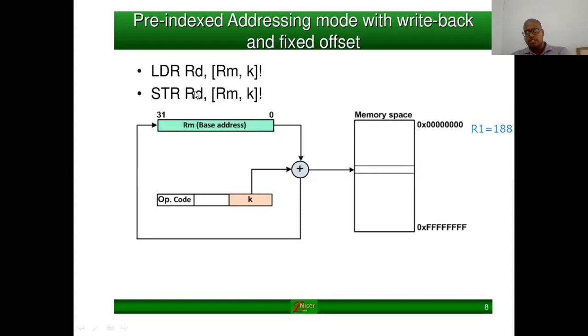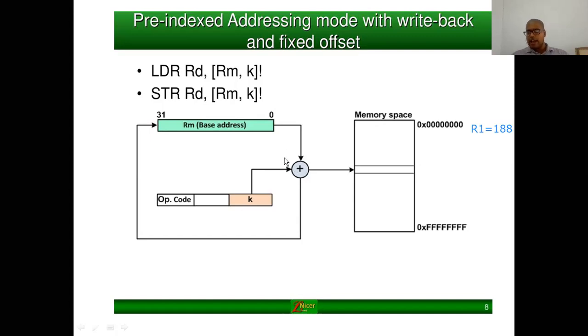But the only difference between this one and the previous one is that here we will add these two values. For example, 188 plus 12, the answer is 200. We'll go to this particular 200 memory location, and that particular 200 value is going to be updated in this Rm. If you observe here, there is a feedback path.